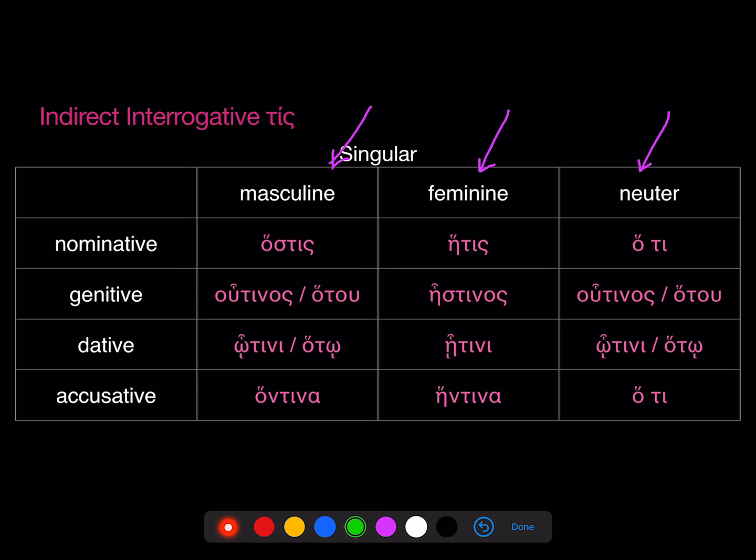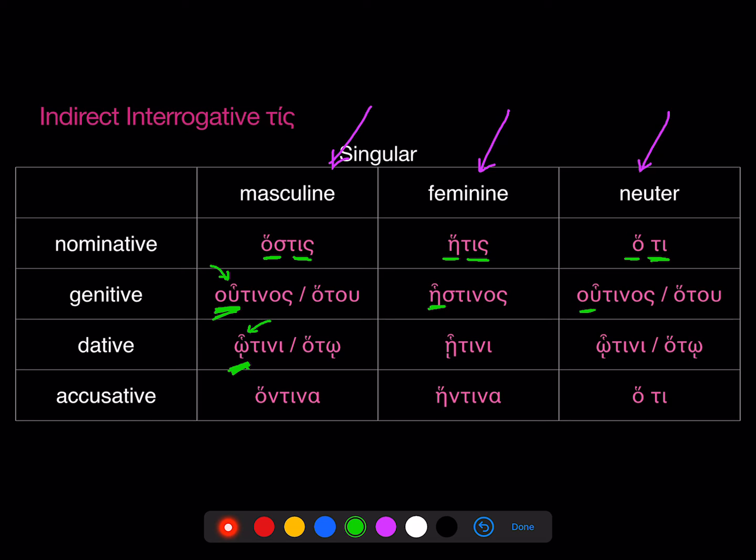And that's because the indirect interrogative tis is just the relative pronoun hos, he, ho, right? Who, hes, who, all the way through, with the enclitic form, the indefinite form of tis. Okay? And because it's the relative pronoun followed by this enclitic, you can see it doesn't always seem to follow the rules of accentuation, right? You're not supposed to have a circumflex on the antepenult of a word, but it's following the rules for enclitics.